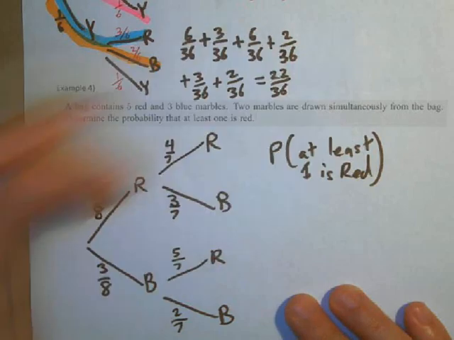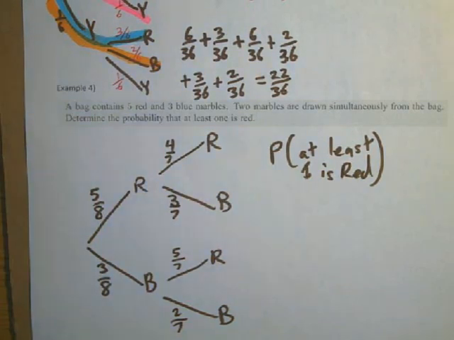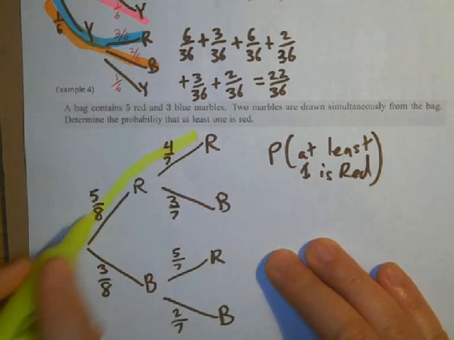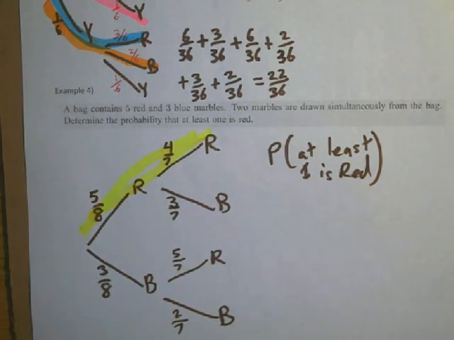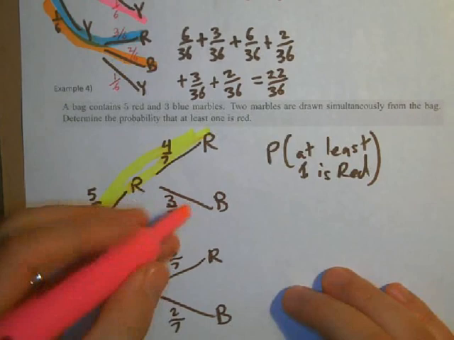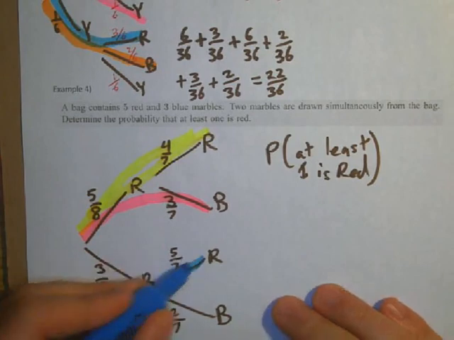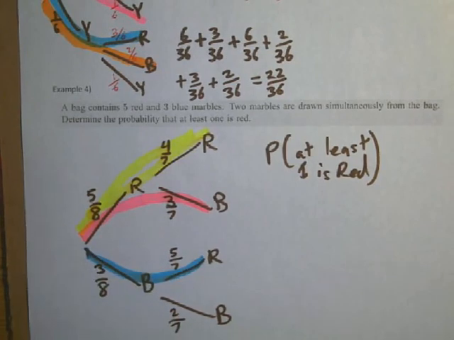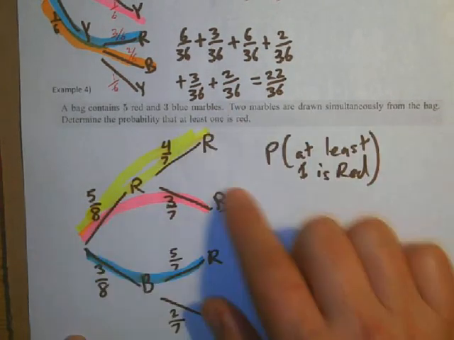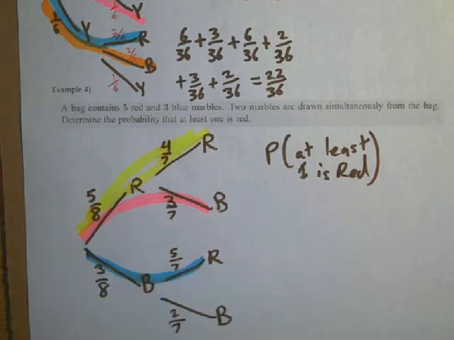So which pathways have at least 1 red marble? Well, this one has 2 red marbles, so at least 1 is red. This pathway has at least 1 red. And lastly, this pathway has at least 1 red. So we need to calculate the yellow, the red, and the blue pathways and add those together.